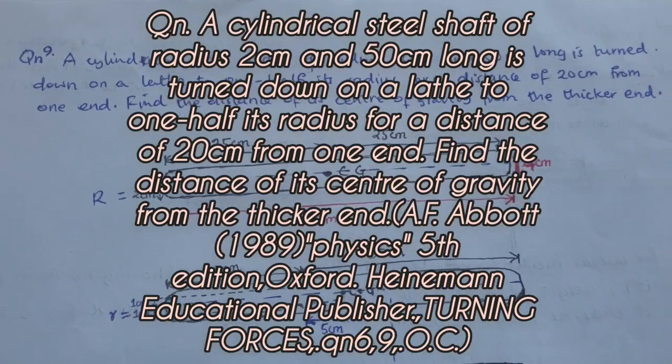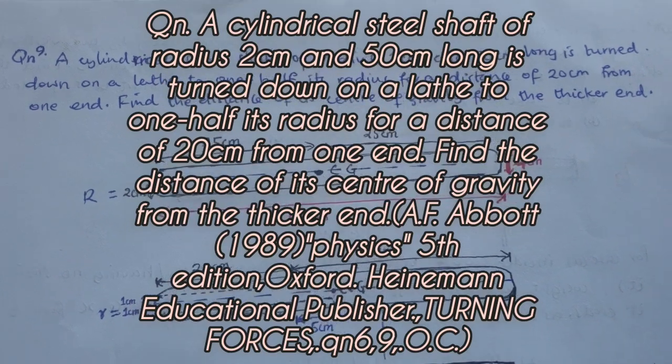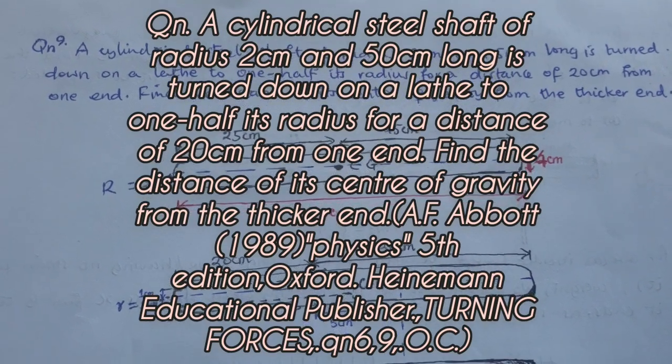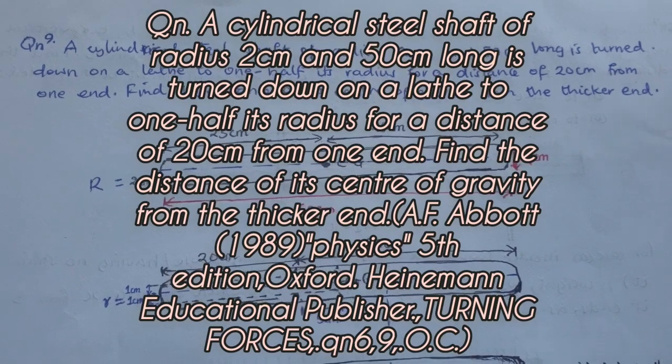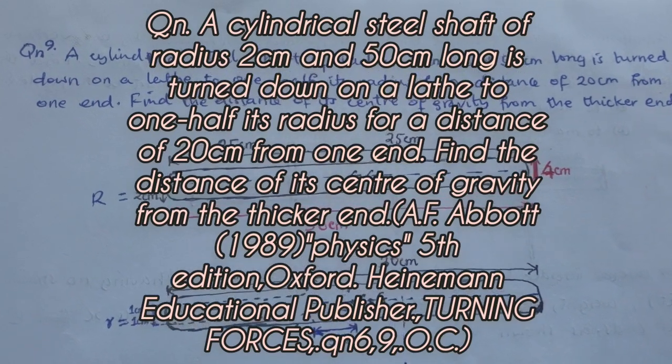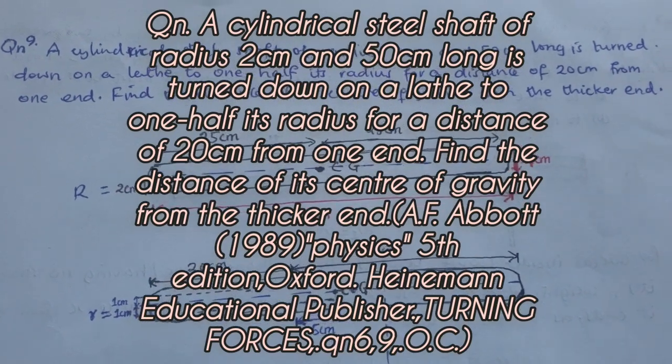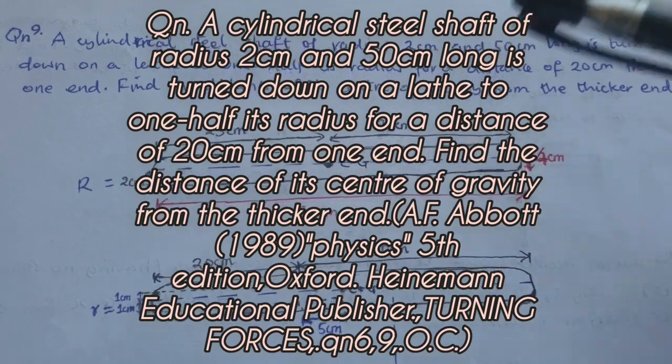Let us consider the question below and try to see how we can find the answer. We are asked to find the distance of the center of gravity from the thicker end.